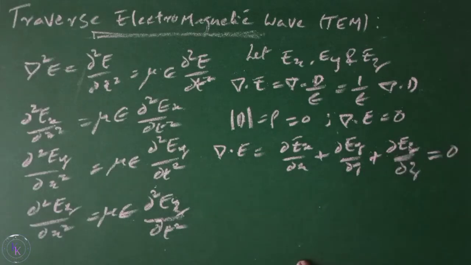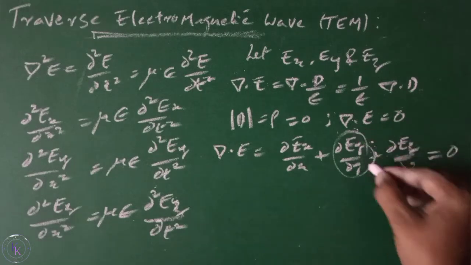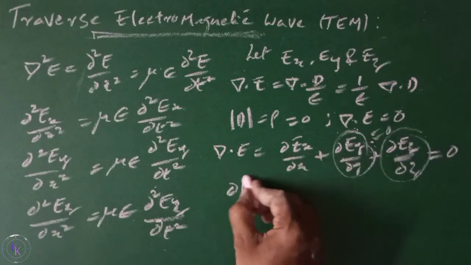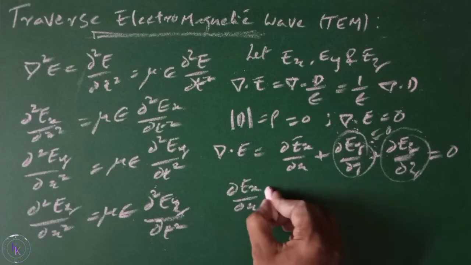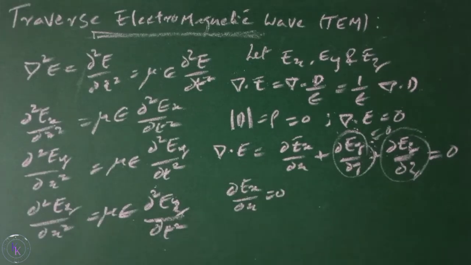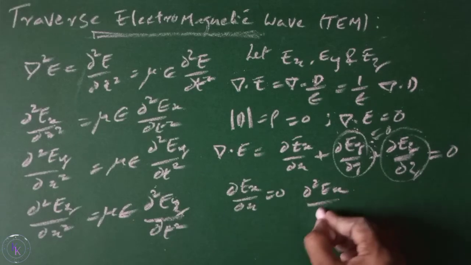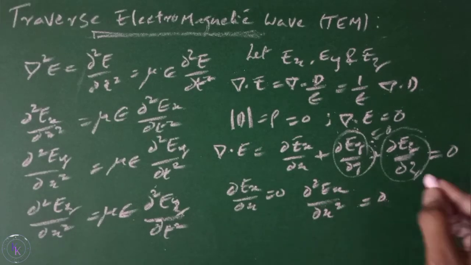Now we have assumed the wave is independent of y and z and is a function of x and t only. So the second and third terms will be equal to 0. Then from this equation, ∂Ex/∂x equals 0. Now differentiating with respect to x, we get ∂²Ex/∂x² equals 0.